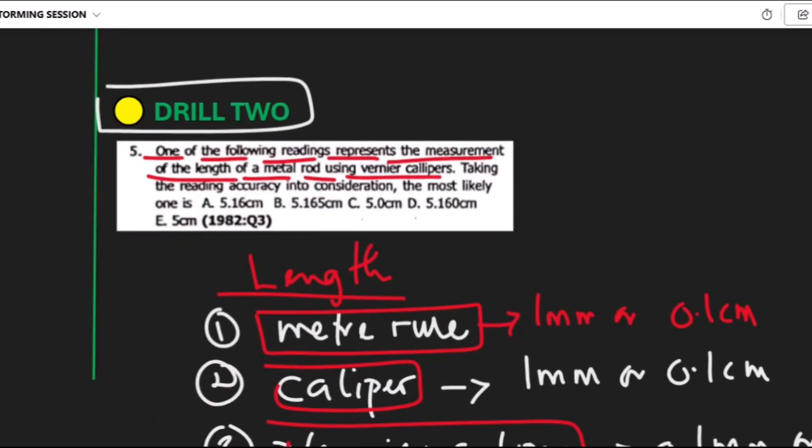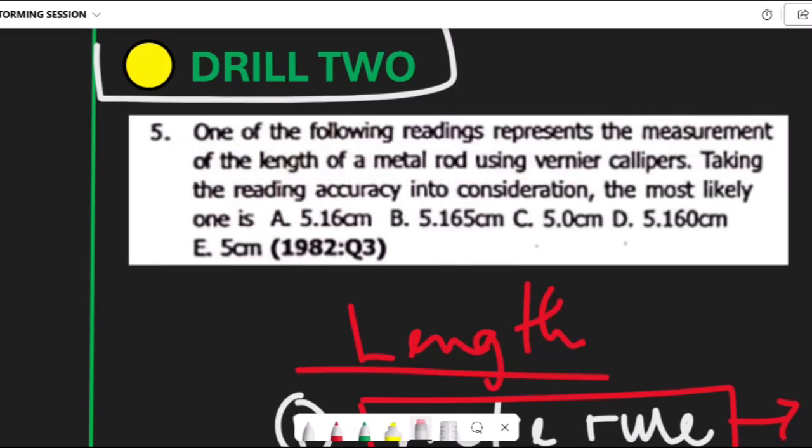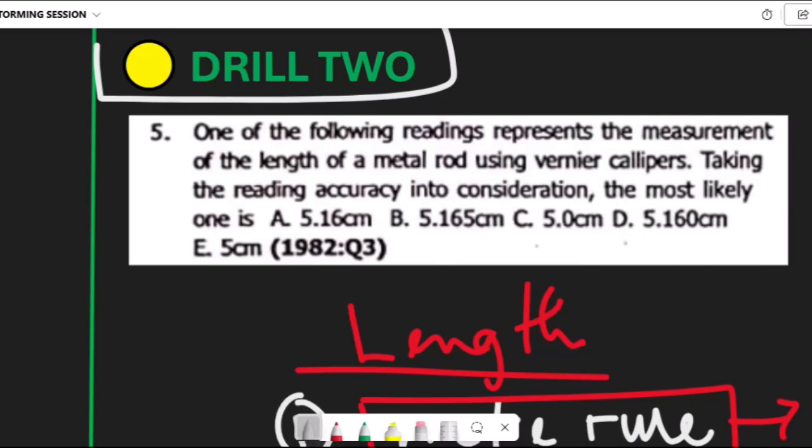Coming down to our question, it says one of the following readings represents the measurement of the length of a metal rod using vernier caliper. Taking the reading accuracy into consideration, the most likely one is... So since we are using vernier caliper, remember that vernier caliper is either 0.1 millimeter or 0.01 centimeter.